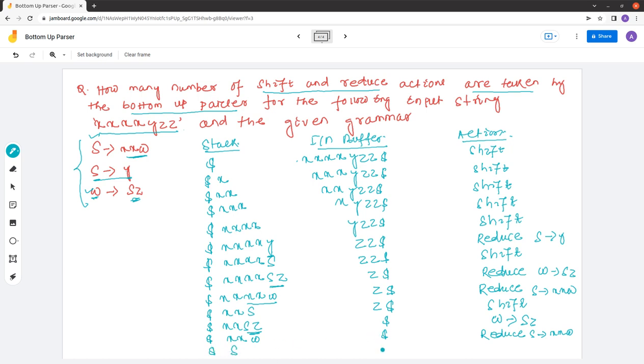This is $S$, then this is called the accept action.